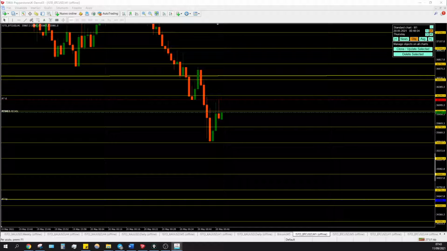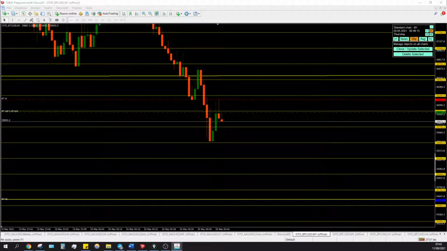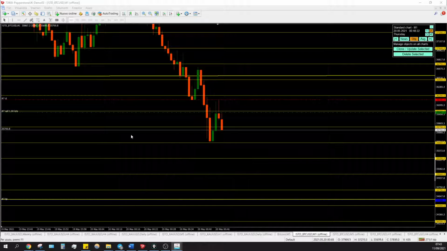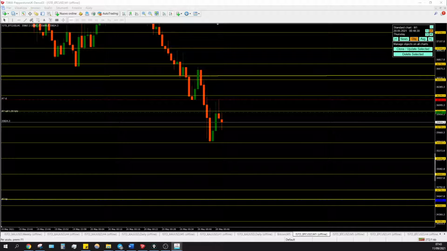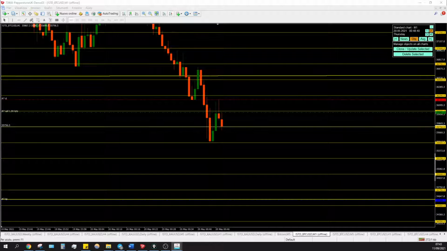Let's see, I don't know if it's going to be a profitable trade, or if it reacts at this PPL and closes above. Yeah, I'm not liking this. I want it to, okay, close below. Let's see where it closes. Okay, it's closing below.